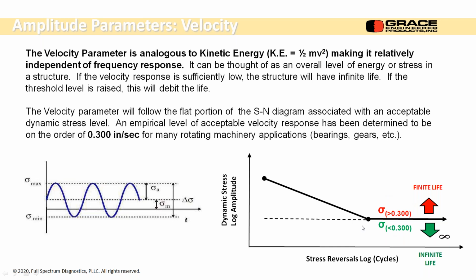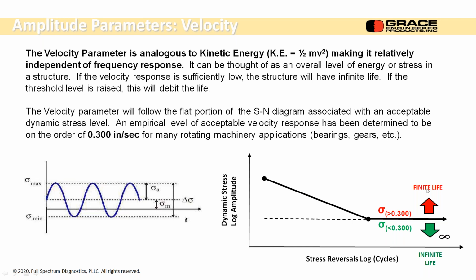If I use velocity instead, and my velocity is 0.3 inches per second, the stress due to that velocity is going to give me infinite life. If the stress is above roughly 0.3, we'll have finite life. And I say 0.3 because if you look at all the alarm values and the acceptable curves and so forth, 0.3 is like right in the middle.